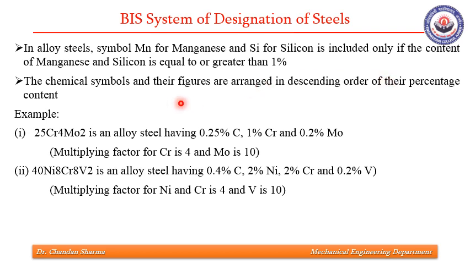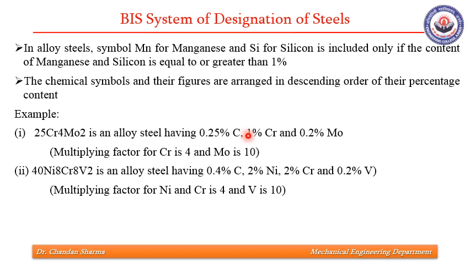Let us try to understand this by an example. If the designation is 25Cr4Mo2, you might see that there is no C over here, so this is basically an alloy steel. Though C is not there, this 25 will still be representing the percentage of carbon. So 25 divided by 100 is 0.25. 4, the multiplying factor for chromium is 4, so 4 divided by 4 is 1.